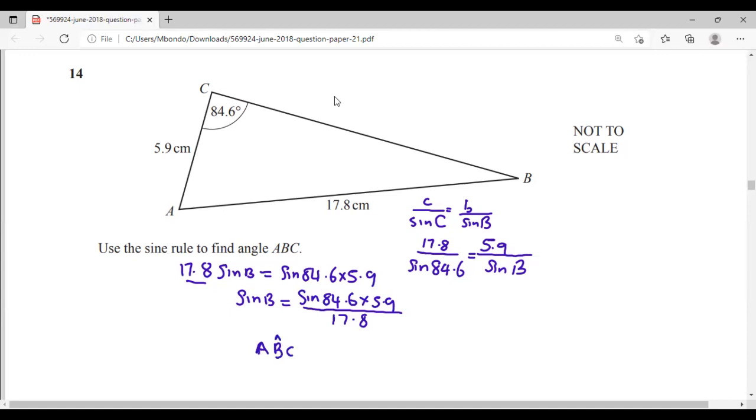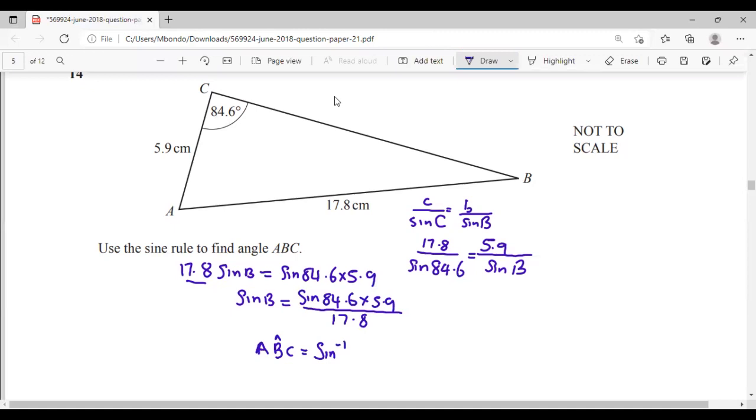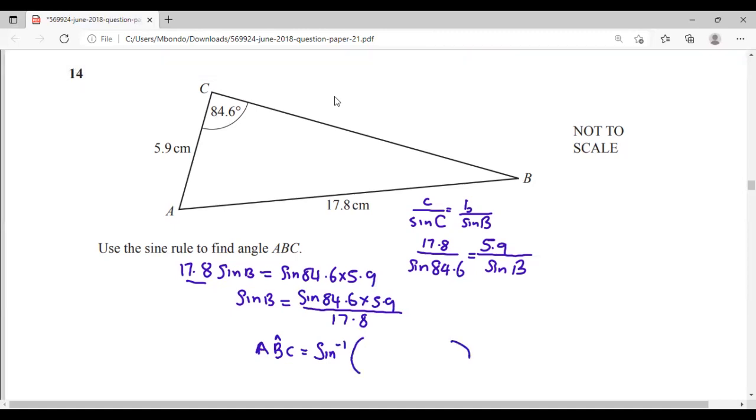What is this angle? So you bring here sine inverse, you write brackets, and in these brackets you bring this whole thing as it is here. So we can find the answer there. Let's make sure that we find the answer. So what are we getting?